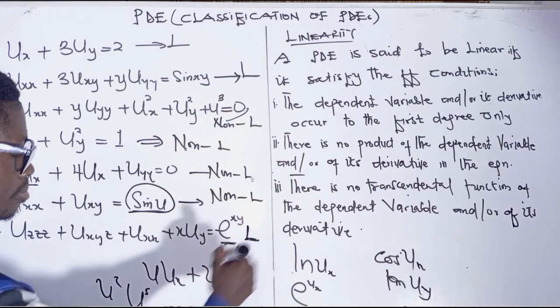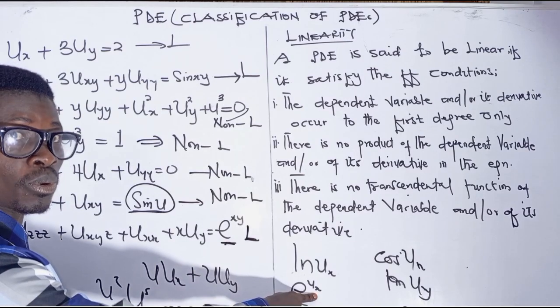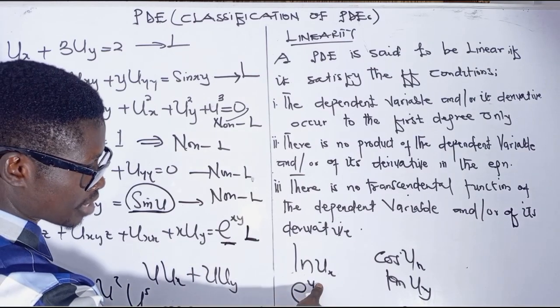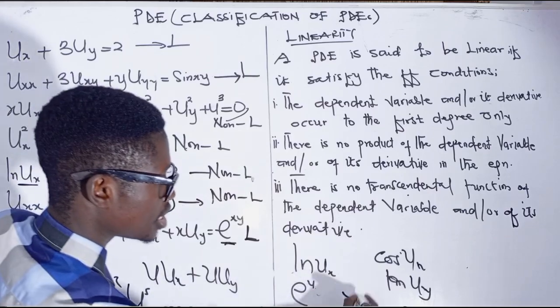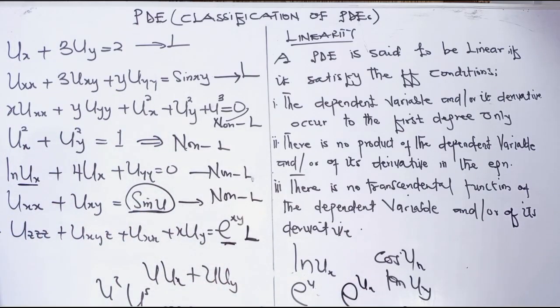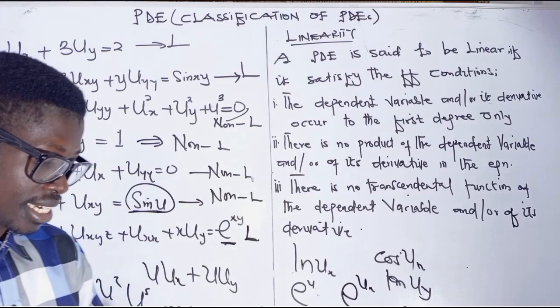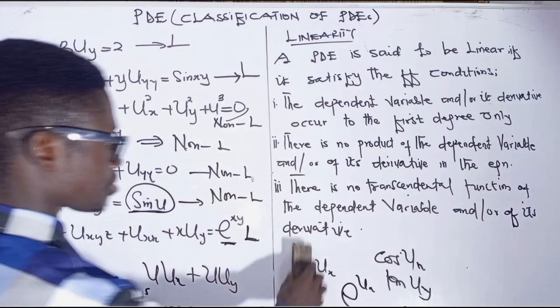A linear PDE, because this is not on the dependent variable or its derivative. If we were to have something of this form, e^u or e^ux, then this would have been nonlinear. Very, very easy and simple. Let's look at the other classification that is based on the order.